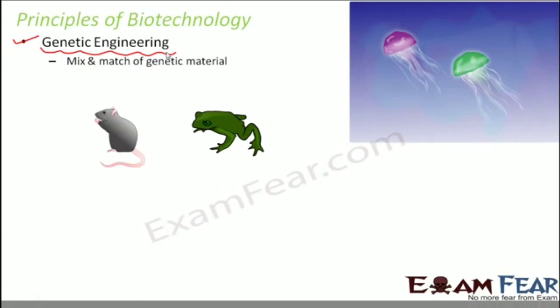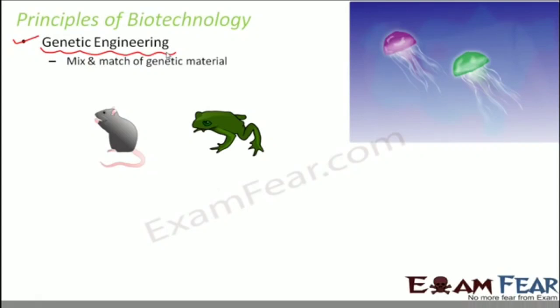If you think of this process, it is very unimaginable. Sometimes you feel that this is not possible. But actually this is possible. This has actually been done, and there were mice which could actually glow the way jellyfish used to glow at night.